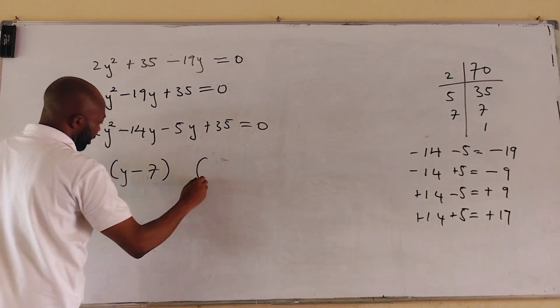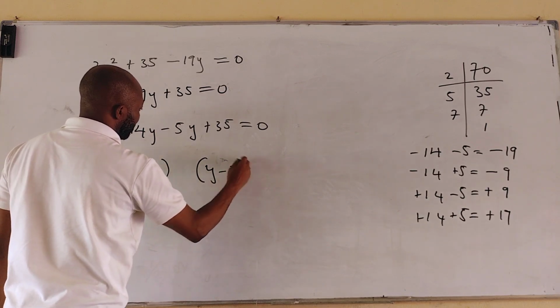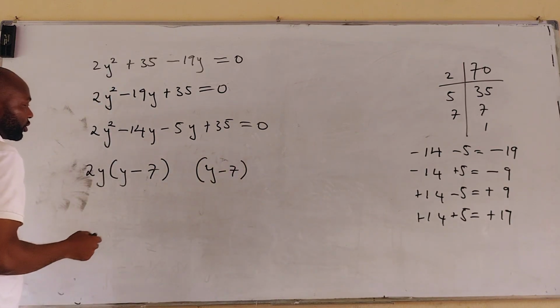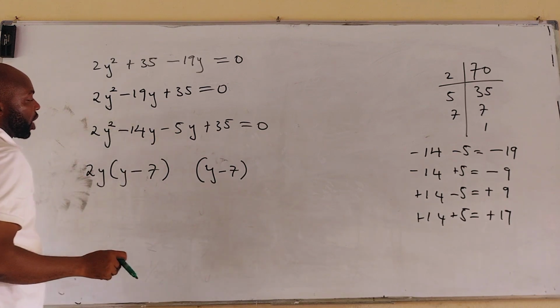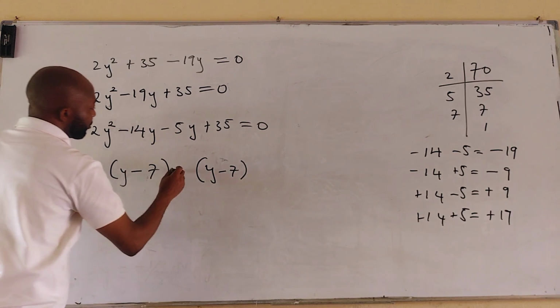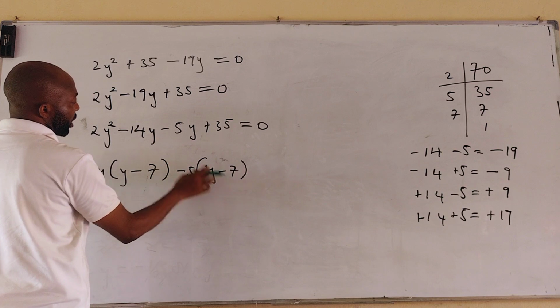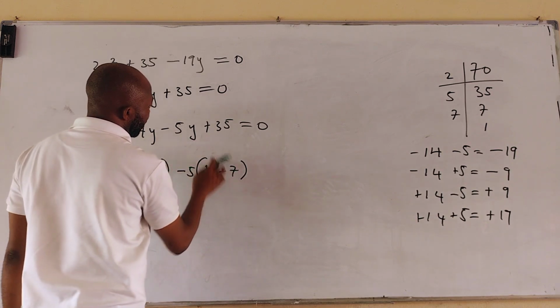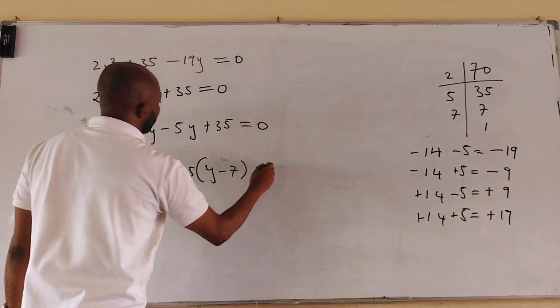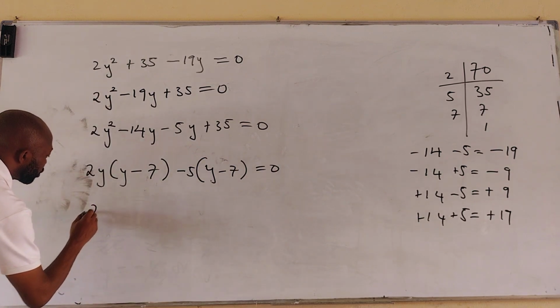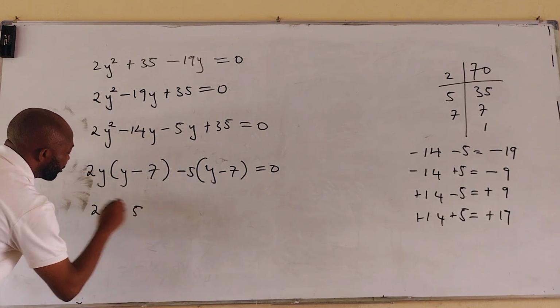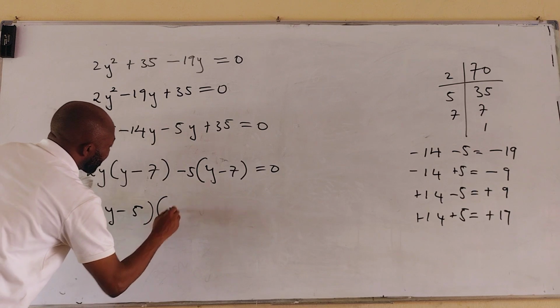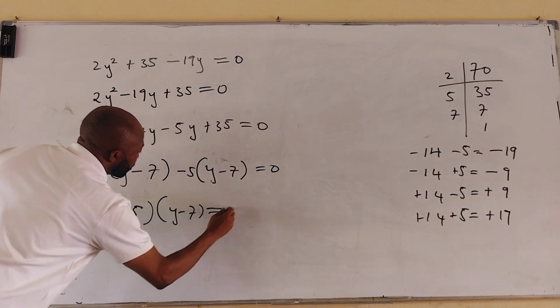I close my bracket, open y minus 7 again. So now for me to get this minus 5y, I have minus 5 here times y will give me this. Minus times minus is plus. 5 times 7 is 35. All this equals 0. So 2y minus 5, open bracket, y minus 7, all equals 0.